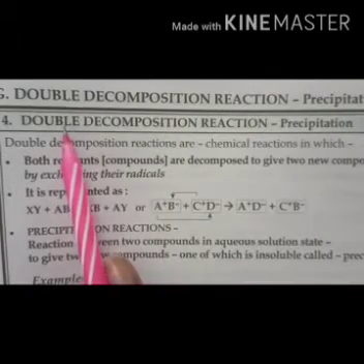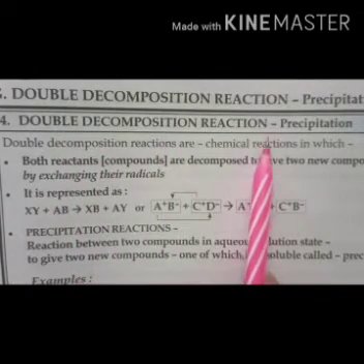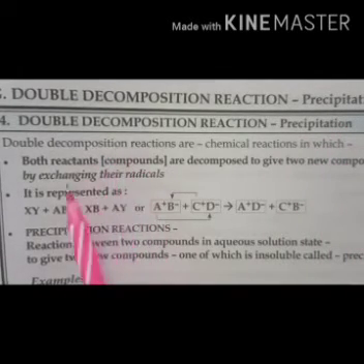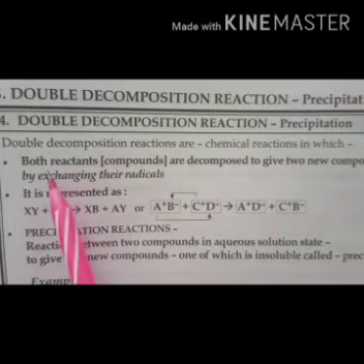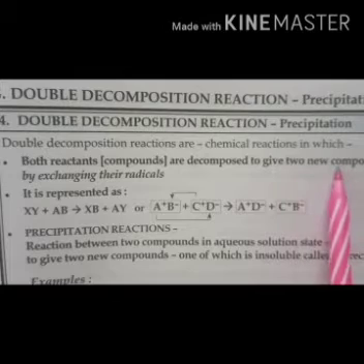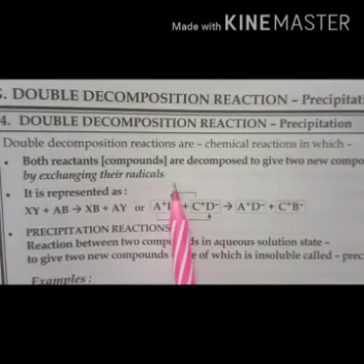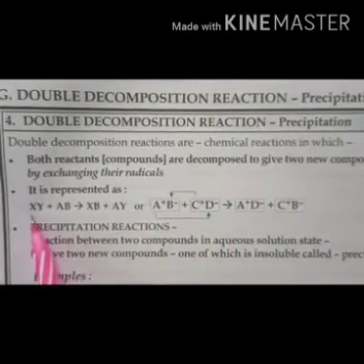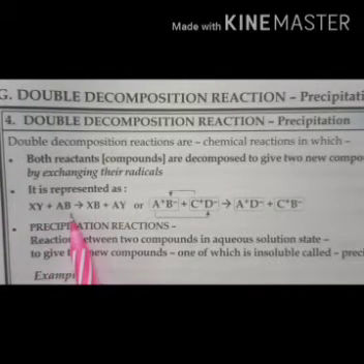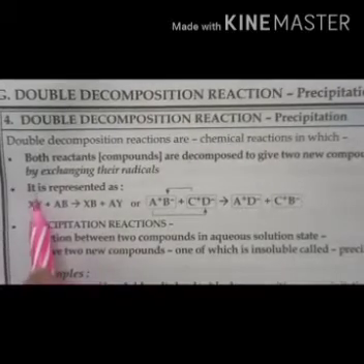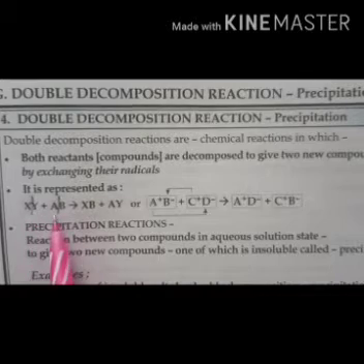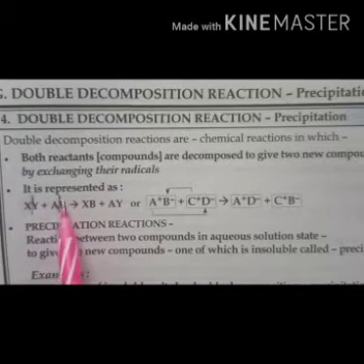Okay, now next is your double decomposition reaction, also called a precipitation reaction. What is this double decomposition reaction? It is a chemical reaction in which both the reactants are decomposed to give two new compounds by exchanging their radicals. For example, XY is a compound that reacts with AB, another compound, then they both break down and form new compounds by exchanging their radicals.